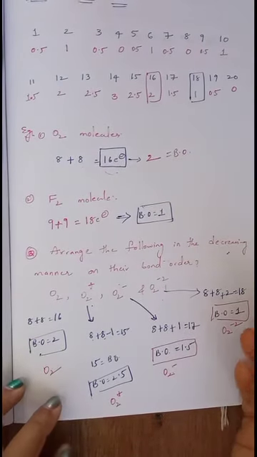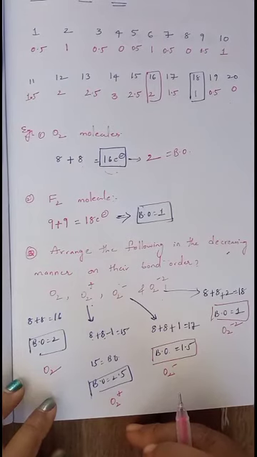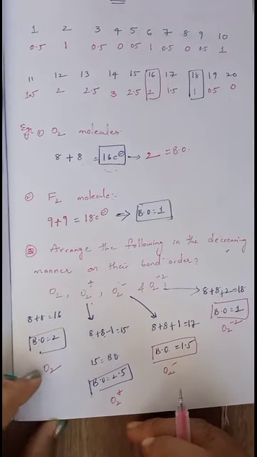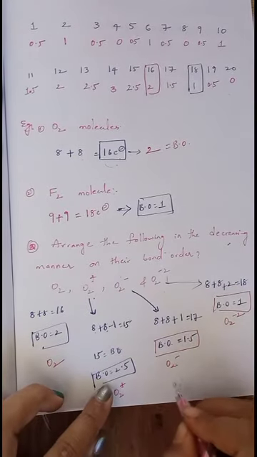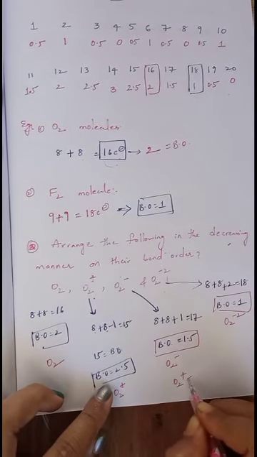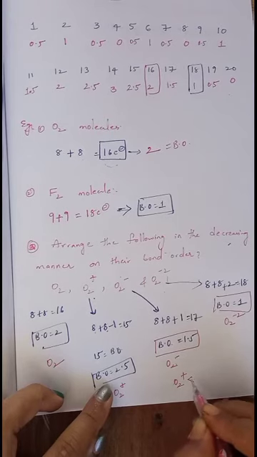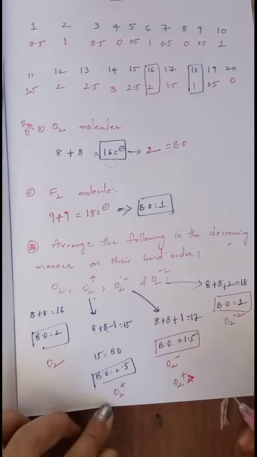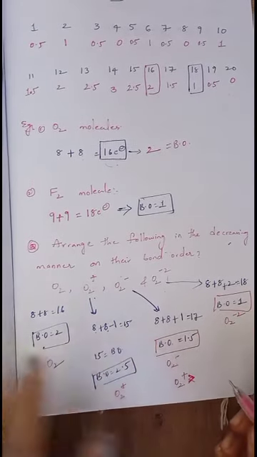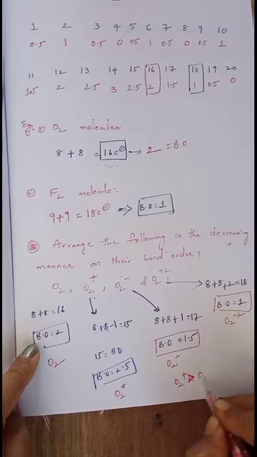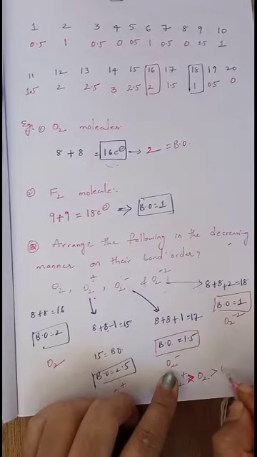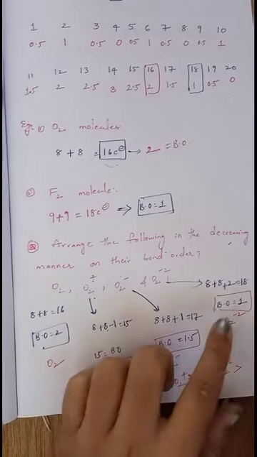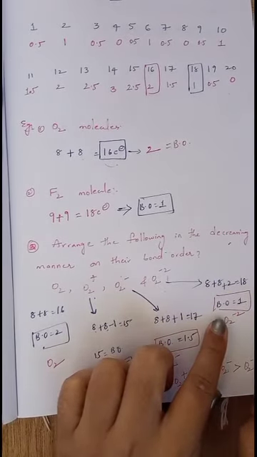We have to arrange them in the decreasing order. Which has the highest bond order? O2 plus is greater than O2, which has 2, which is greater than O2 minus with 1.5, which is greater than O2 minus 2 with 1.